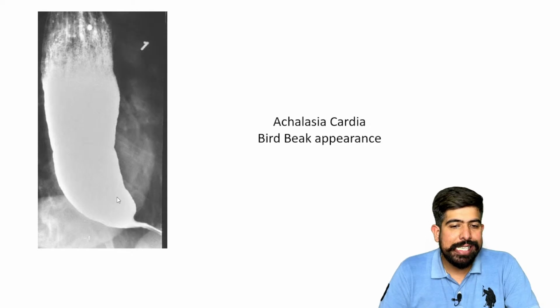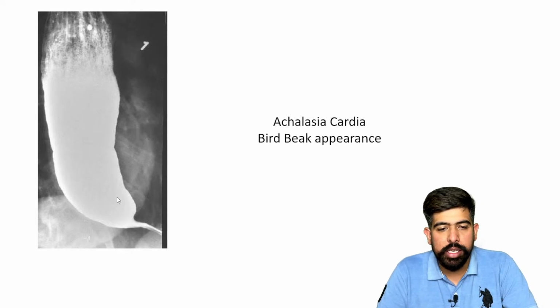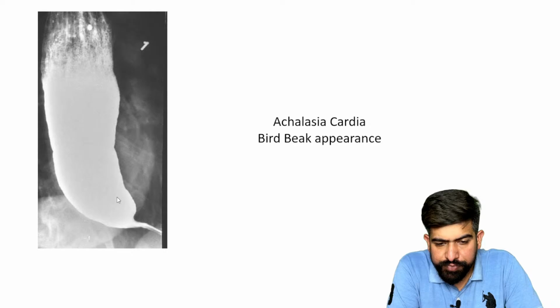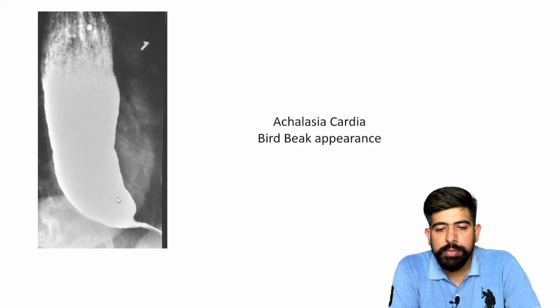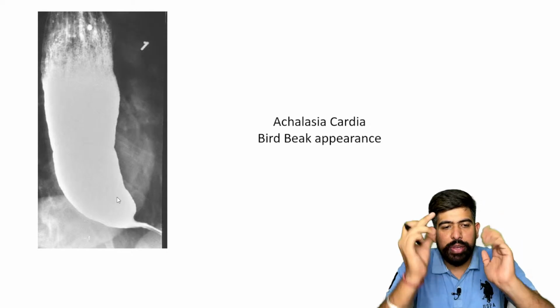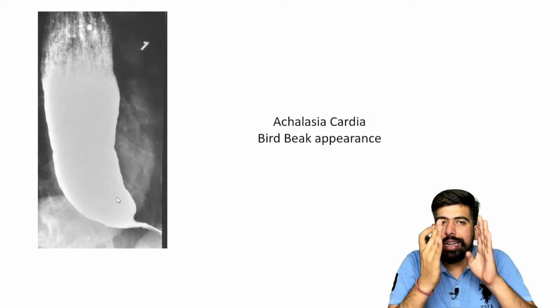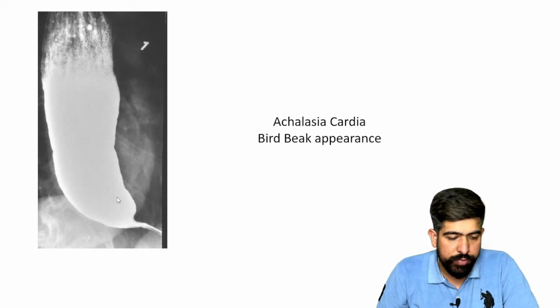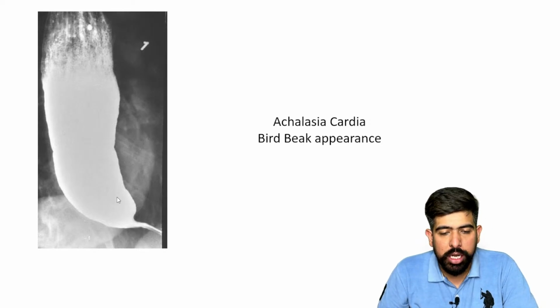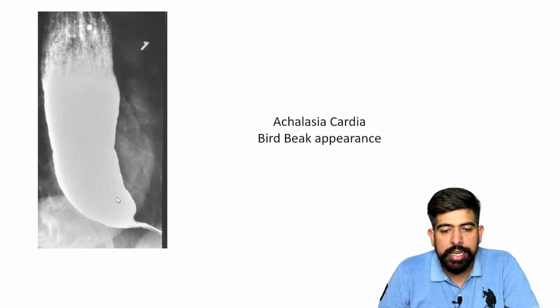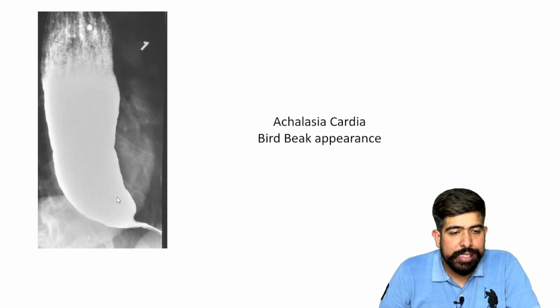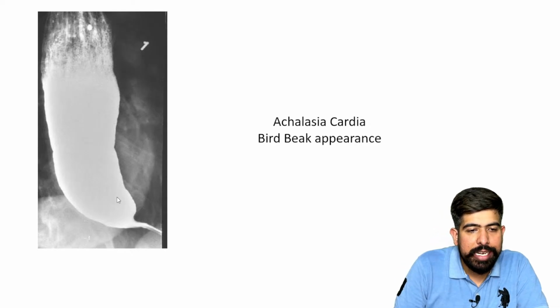What you can see here in this barium swallow is that the esophagus is totally dilated, but at the end of it, where it is going to attach to the stomach, it is getting narrowed. The lower part of the esophagus is narrowed, so you can identify it.